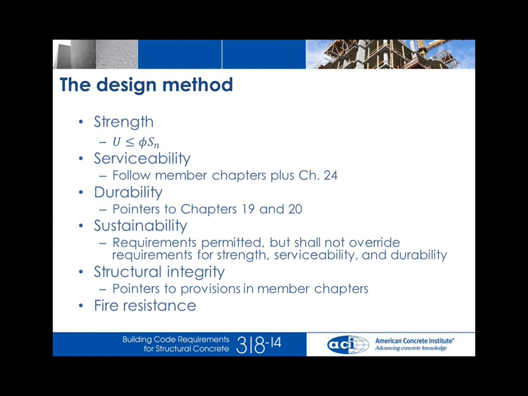And it points to the various member chapters to find where those provisions are. I'm still finding engineers who don't realize that there's structural integrity provisions hidden away somewhere in Chapter 7 of the Building Code. Well, this is up front now, a pointer to where this is. And then fire resistance, mainly to be in accordance with the general Building Code.